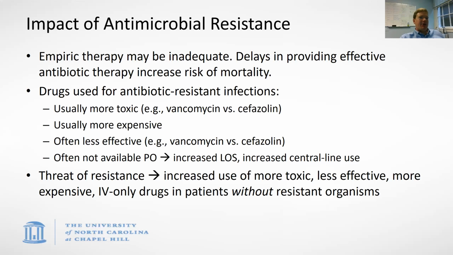And the patient's only going to get sicker. And if it's a really severe infection like meningitis, instead of a UTI, it's possible that we'll have a bad outcome. If it's a pyelonephritis, they'll probably do okay. But if it's meningitis, that delay may make the difference between survival and mortality.